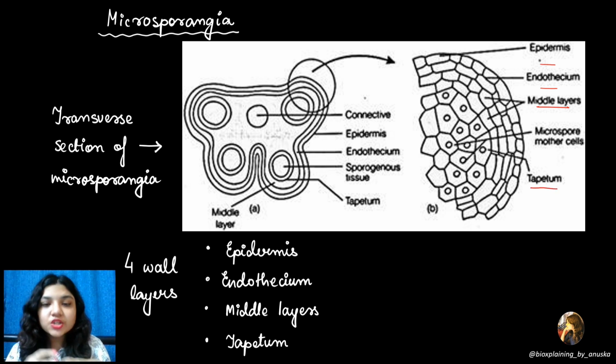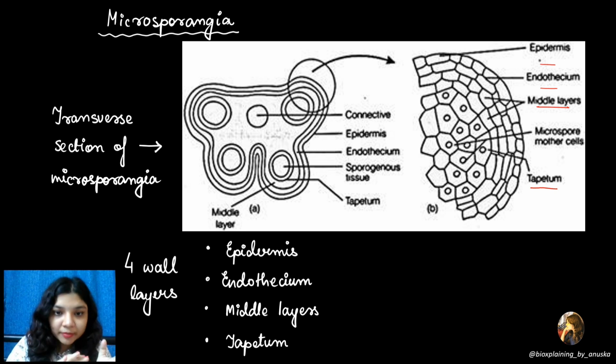So I would request all of you to look into the diagram carefully as well as notice what I am writing. If you refer to the diagram, listen to what I am saying and the writing, all of it will become much more clear to you. Okay. So getting back, the 4 layers are epidermis, endothecium, middle layers and the tapetum.